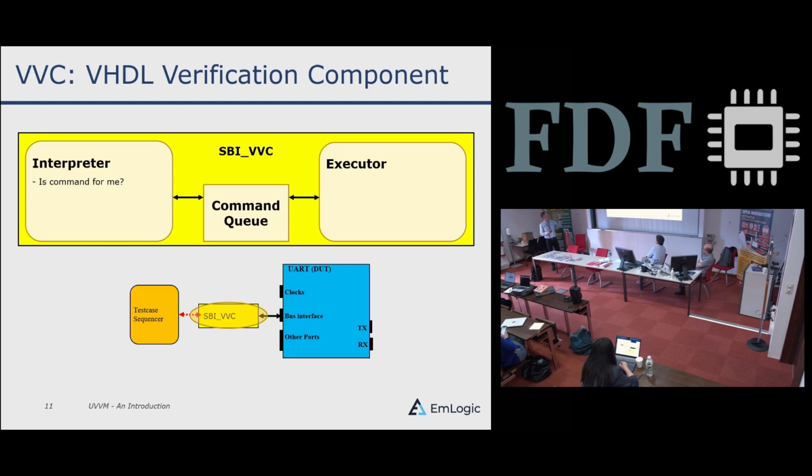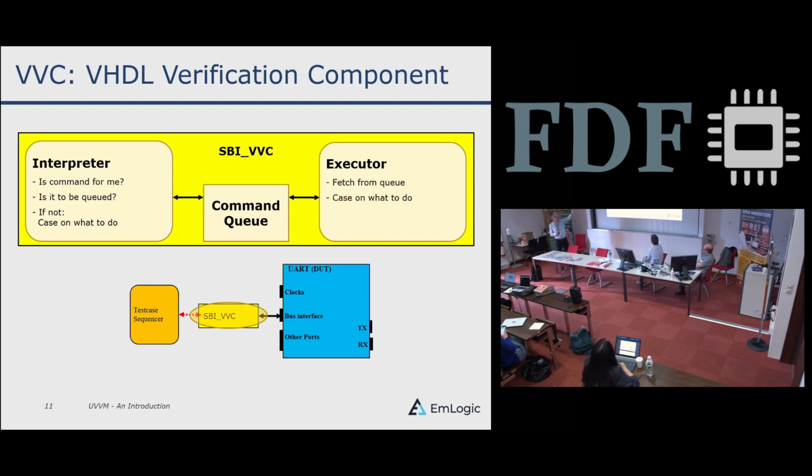The interpreter will look at the command coming from the test case sequencer and check, is this command for me? If so, is it to be queued or is it to be executed immediately, like, for instance, flush the queue? But if it's to be queued, it will put it on the command queue. The executor will see it and fetch it from the queue.